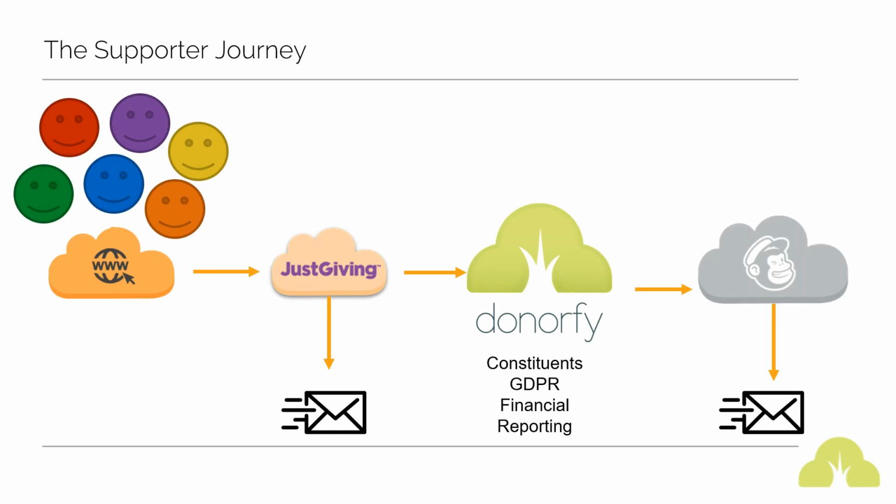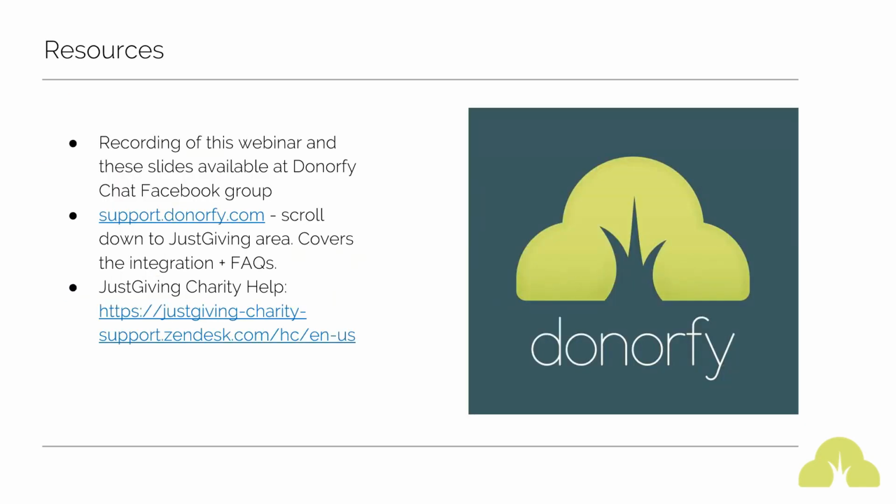So next up, where do you find information and how do you get started on all of this? Well, firstly, this recording is going to be available on the Donorfy Facebook chat group. It will also be on the knowledge base, support.donorfy.com. If you scroll down to the JustGiving area, you'll see all the documents in relation to the integration and also FAQs.